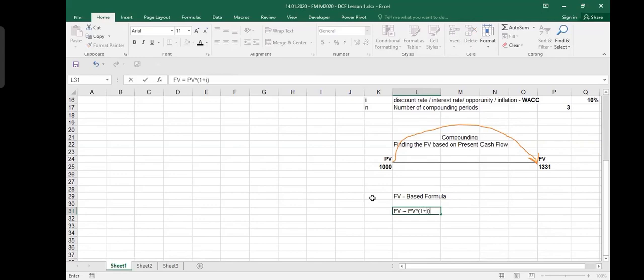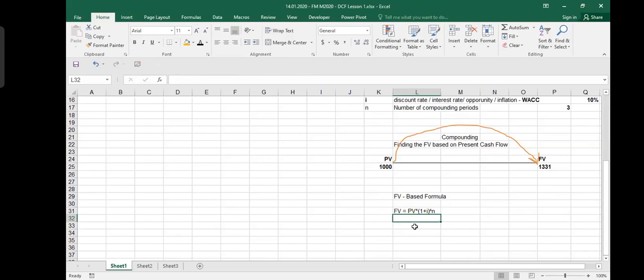I, the interest rate, raised to the power n. That's a very simple formula. Future value is equal to present value multiplied by 1 plus this interest rate, discount rate, whatever you may call it, or cost of capital, WACC, to the power n.